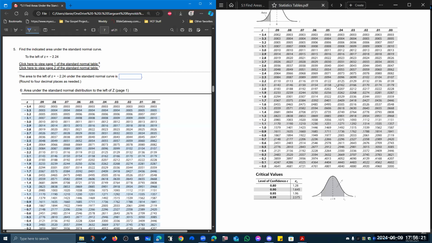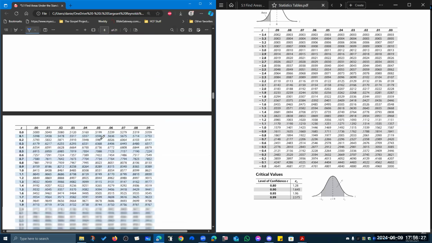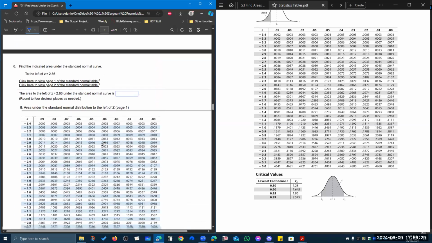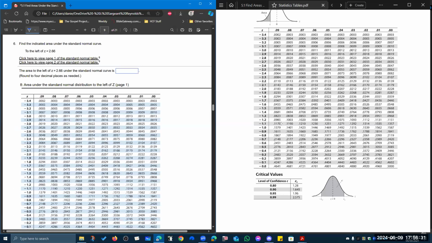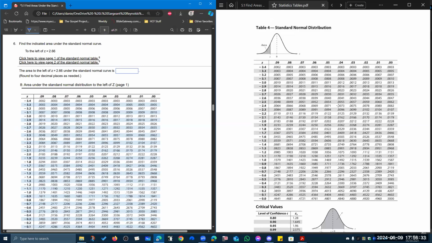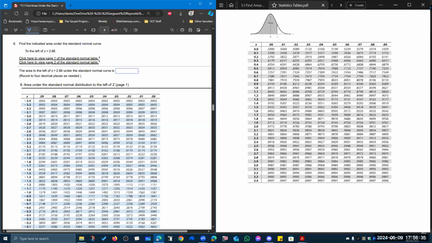That's 0.0125. You just look that up on the table. And now we want to the left of positive 2.86. This should be a big number. 2.86 is here, 0.9979.